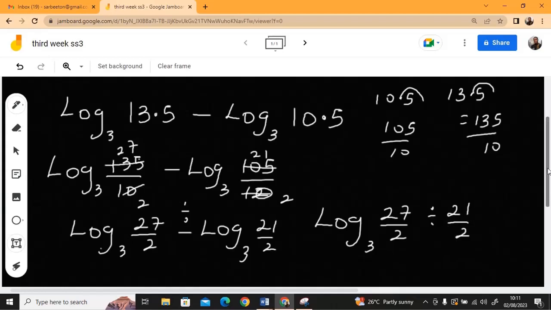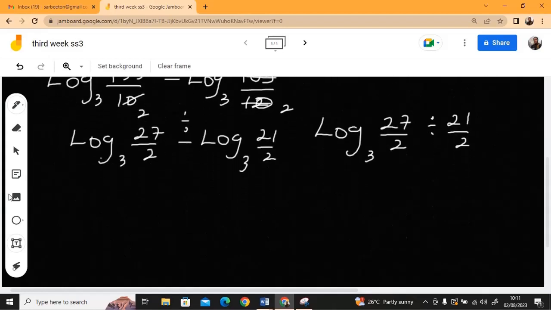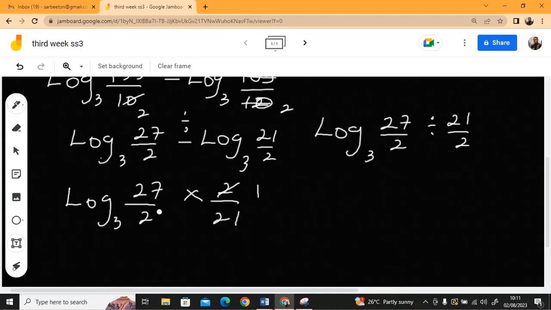So I can write this as log base 3 of 27 over 2. Division, you turn the division to times. This will go up, this will come down: 2 over 21. So 2 here is 1, 2 here is 1. 3 in 27 is 9, 3 times 9 is 27. 3 in 21 is 7. So you have log base 3 of 9 over 7.